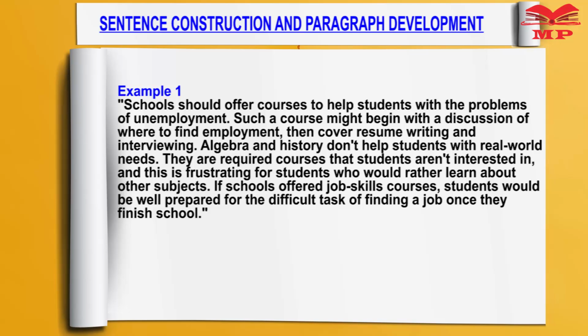Algebra and history don't help students with real-world needs. They are required courses that students aren't interested in, and this is frustrating for students who would rather learn about other subjects. If schools offered job skills courses, students would be well prepared for the difficult task of finding a job once they finish school.